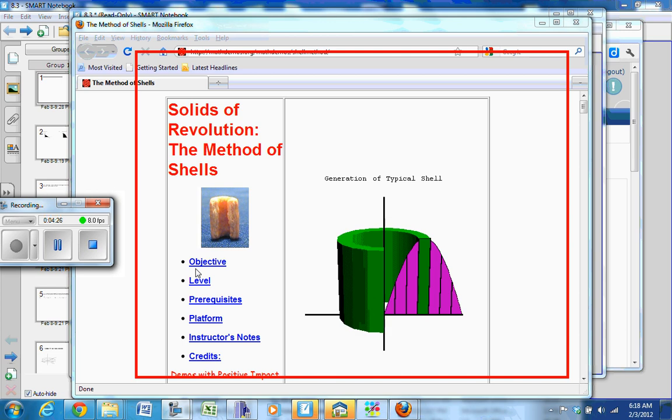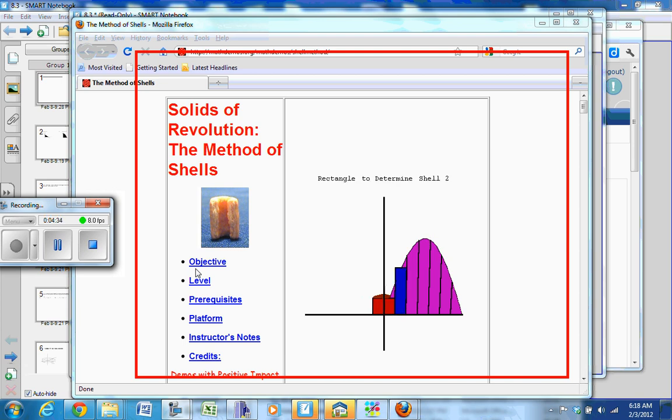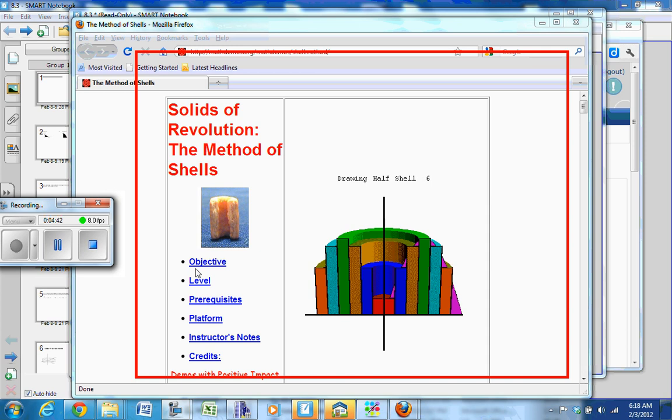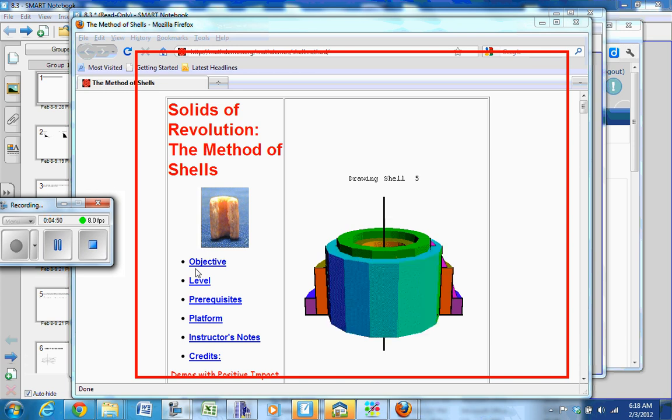And we can see much better than my picture that you create this cylinder, or a cylindrical shell rather. So now we're going to imagine taking all of those little strips and rotating them around. Now we're just going halfway so that we can get a better picture of what's happening. So we can see a cross section of it. Now as we fill in that, we see what our volume is going to look like.